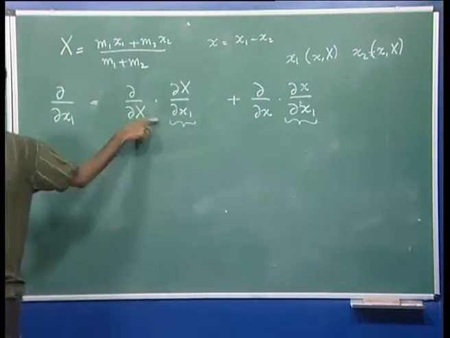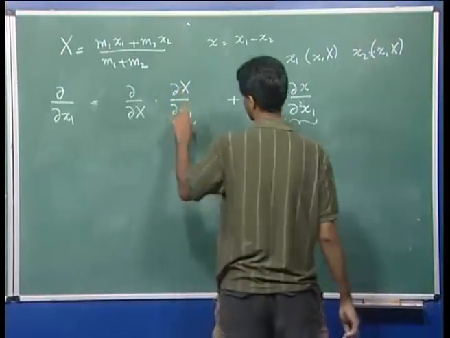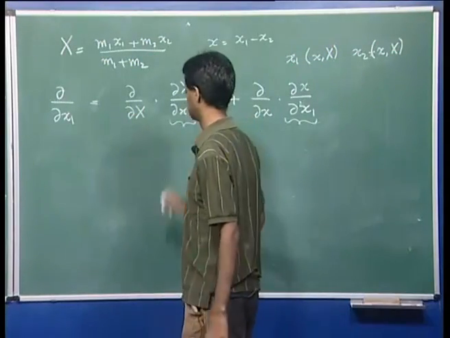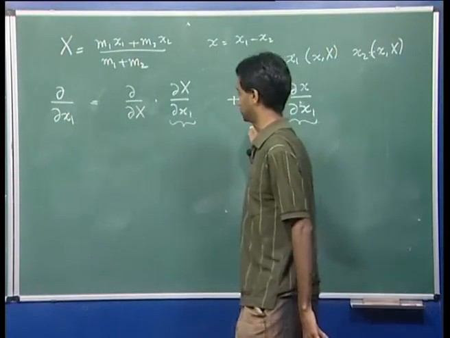Okay. And in order to calculate this, you will say that I am taking the partial derivative of capital X with respect to x1. Okay. So that should keep all the other variables fixed. The other variables will be y1, z1 and x2, y2, z2.